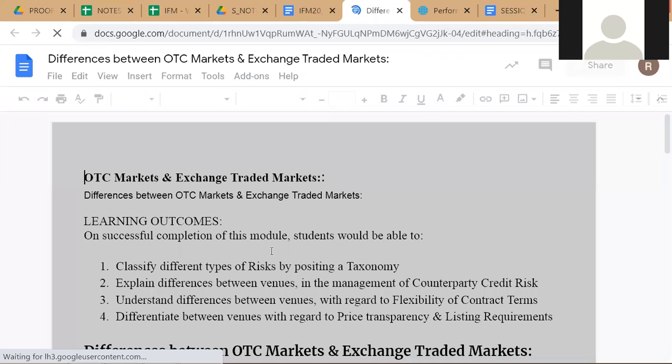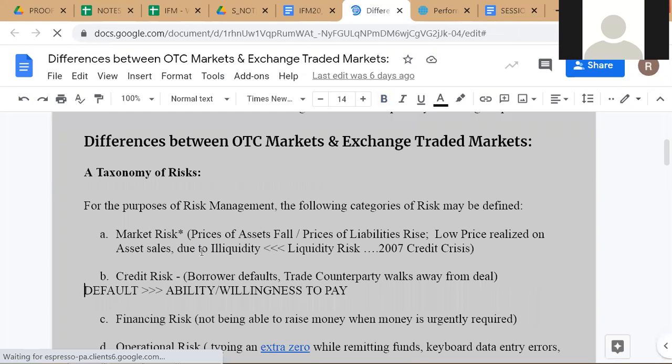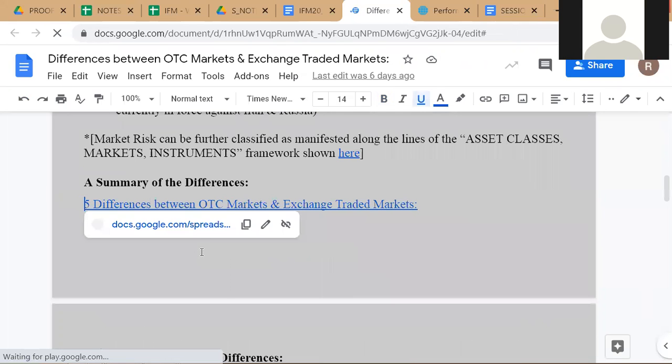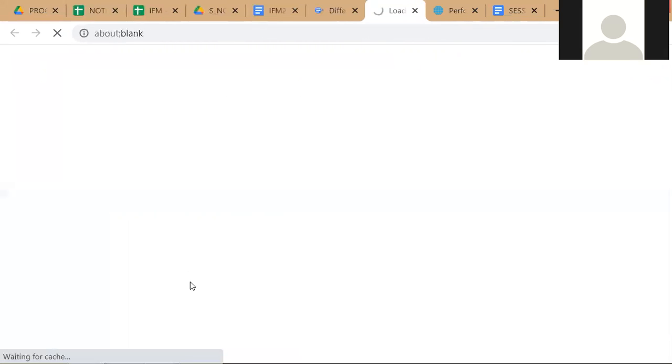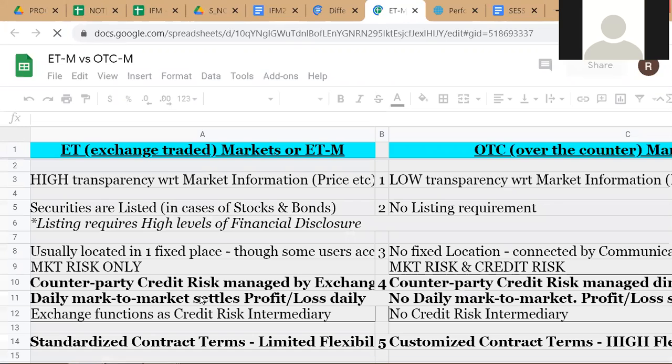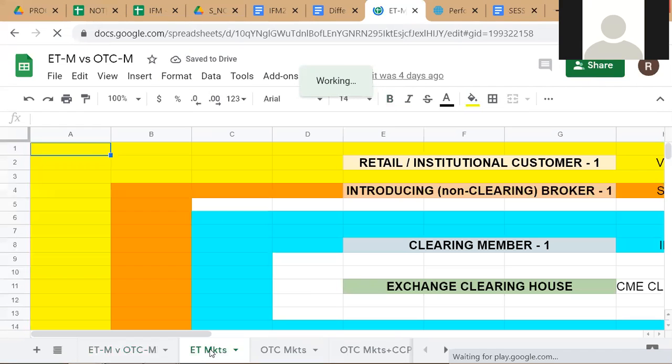In this file itself, we have the layout of the schema of how things work, and we have all the different players that are involved here. Let's look at this.